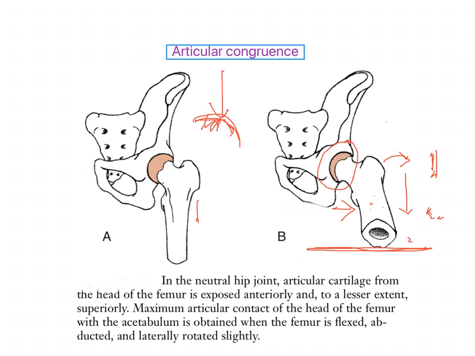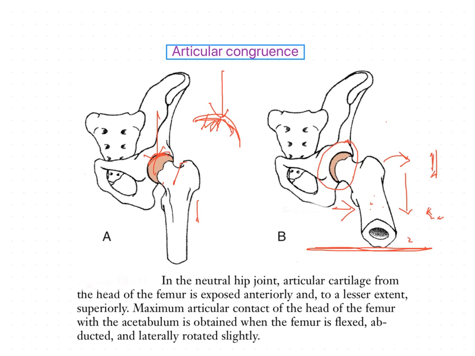Normally, on the anterior and superior sides, the acetabulum is not covered properly, isn't it? So when weight is added, the elastic deformation of the acetabulum primarily covers the anterior, superior as well as the posterior aspects.